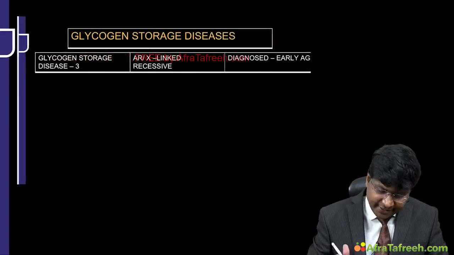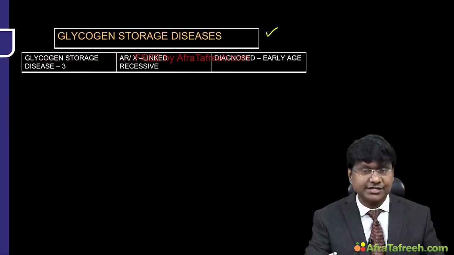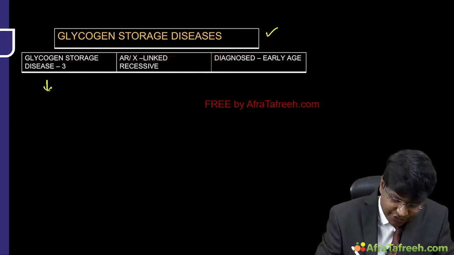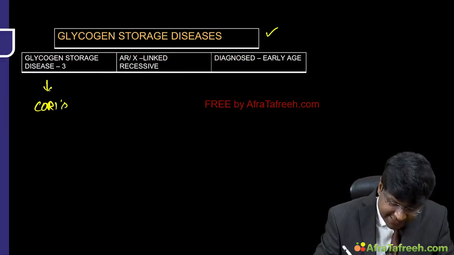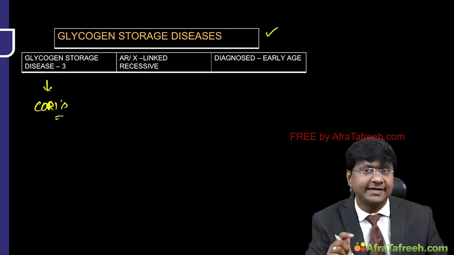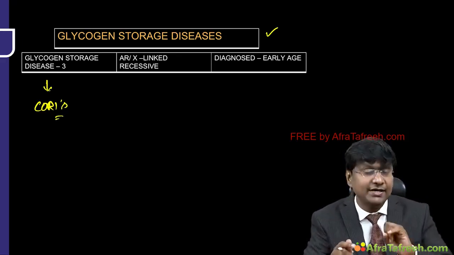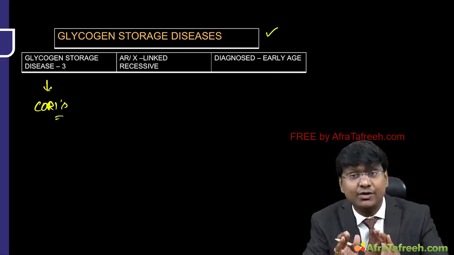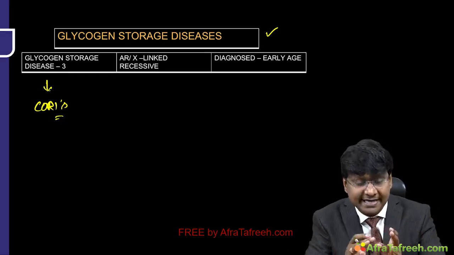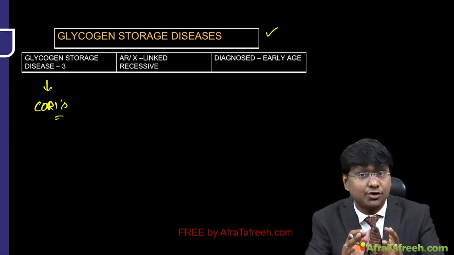Then subsequently you need to know the glycogen storage disorders causing dilated cardiomyopathy. It is mainly glycogen storage disorder type 3, which is nothing but Cori's disease, that is responsible for the development of dilated cardiomyopathy. Glycogen storage diseases lead to accumulation of lysosomal storage products and intracellular glycogen accumulation.